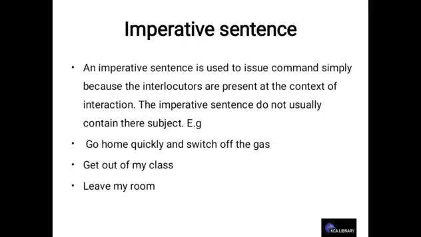It implies that it gives a command because the speaker and the receiver are together. So now we have examples: Go home quickly and switch off the gas. Get out of my class, then leave my room. These are direct orders that are being passed across to the receiver or the listener.